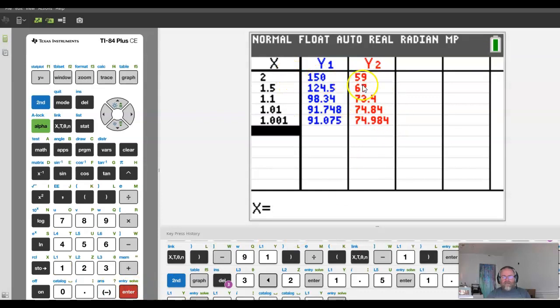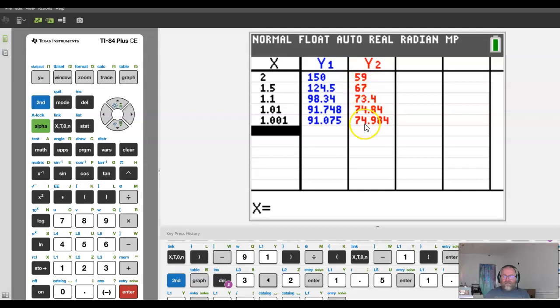We see that the average velocity, which is your Y2 column, because that's where we put that average velocity formula in, starts off with an average velocity of 59 when we're going from 1 to 2. As we go down, we notice that our slope is going up.